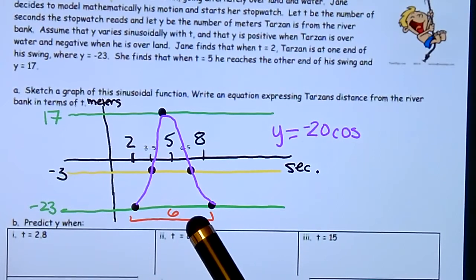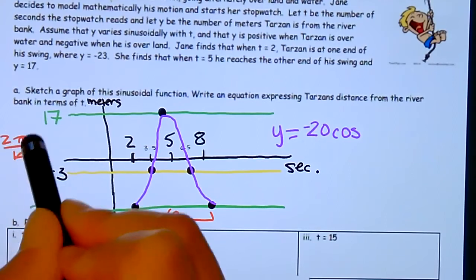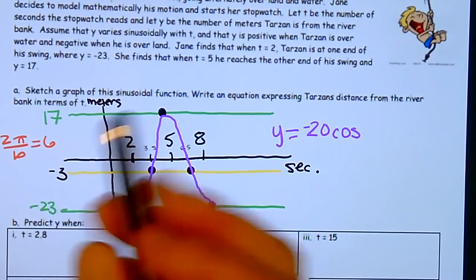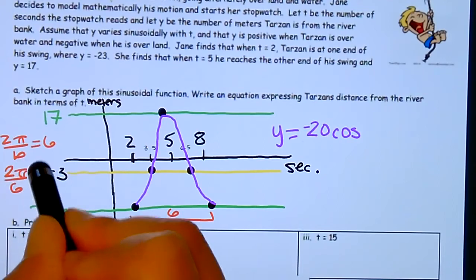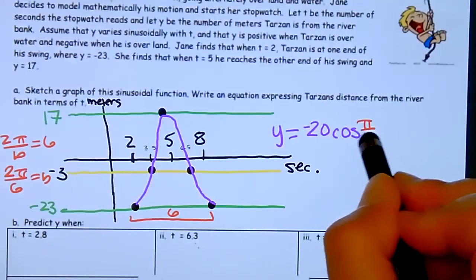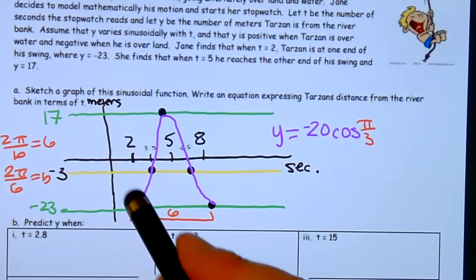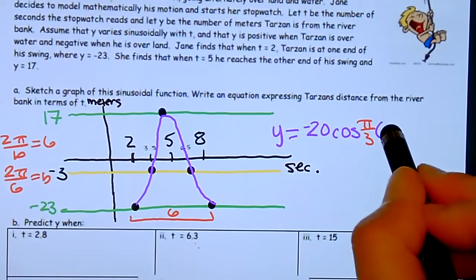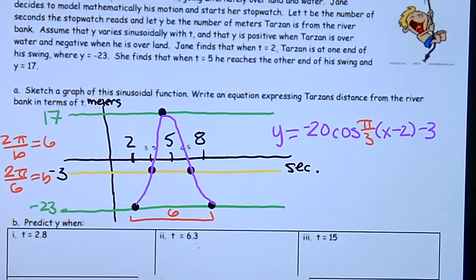My period is 6. So I know that 2 pi over b equals 6. So that means that 2 pi over 6 equals b. So I get pi over 3. And then I'm going to do x minus 2, and then minus 3. And that's going to be my equation.